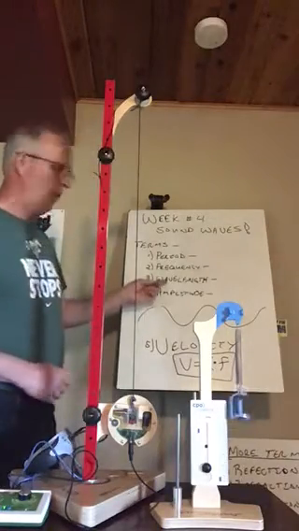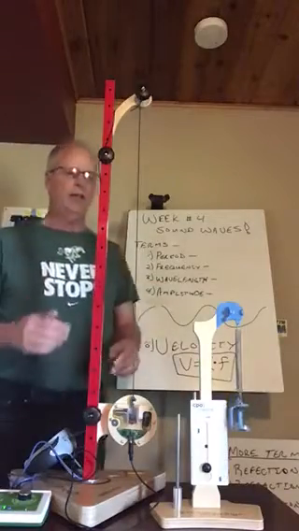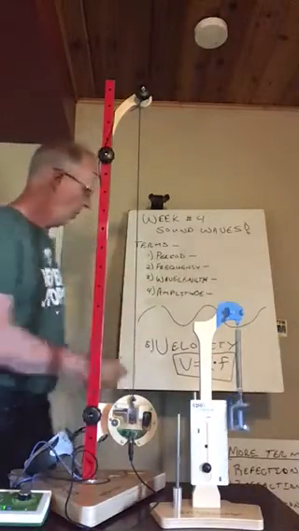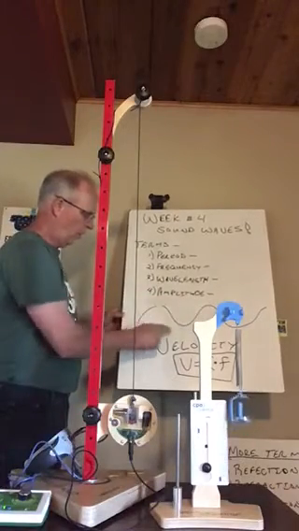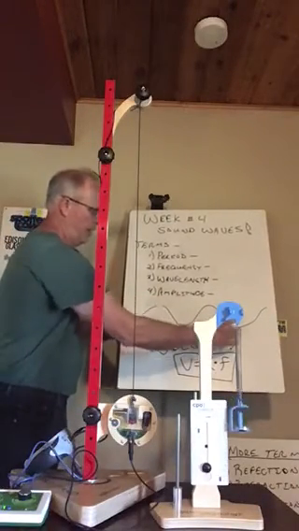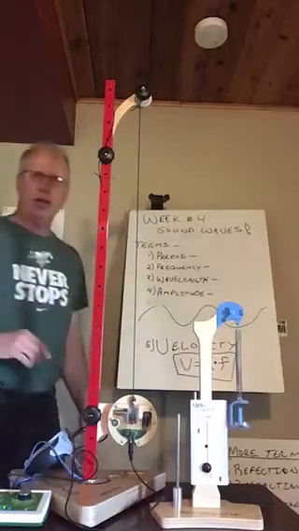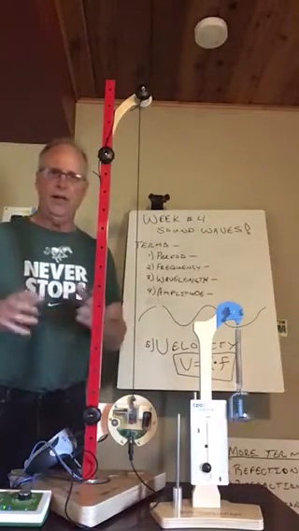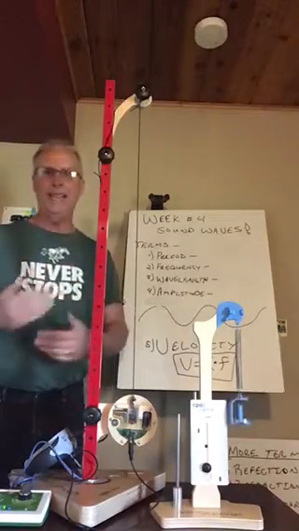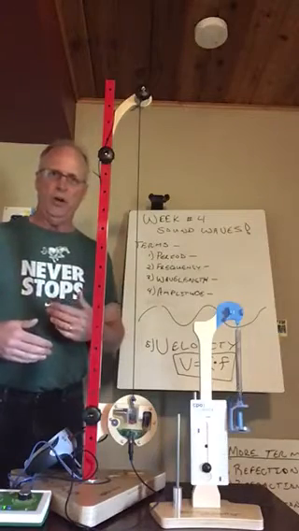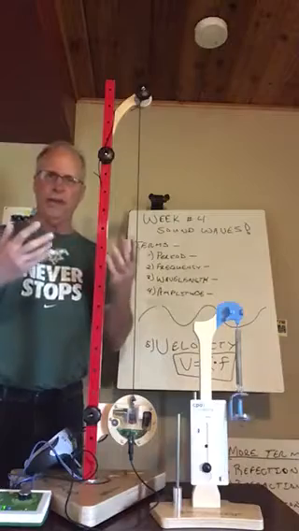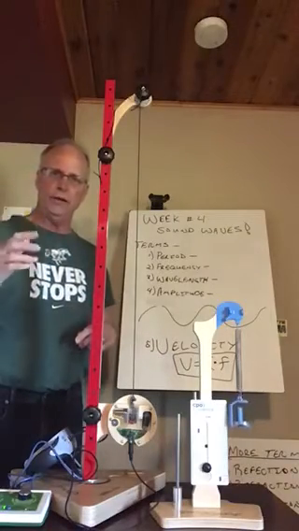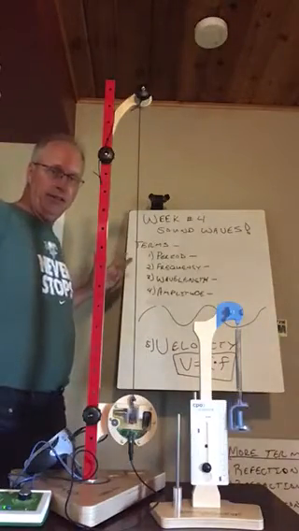The next one is wavelength. And wavelength is, if I was to draw a wave and went from crest to crest or trough to trough, that distance would be called a wavelength. Now, that wavelength is controlled by the medium that the wave is in. So if I'm a certain wavelength and I'm a sound wave going through air and all of a sudden I hit water, my wavelength lengthens a lot.